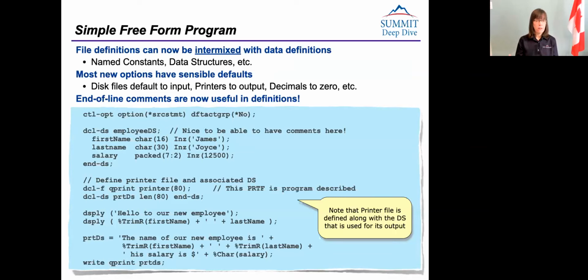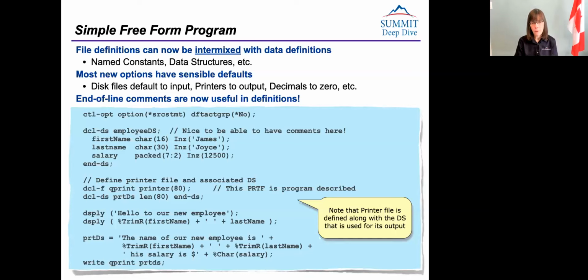And so much of this information is actually spelled out via keywords instead of having to get your little magic decoder ring out to figure out what an E in that particular column actually means on some of these specs, for example. So there's a lot of sensible defaults in use here. We're going to go through these in more detail in a moment. But things like disk files default to input, printers to output, decimals to 0.